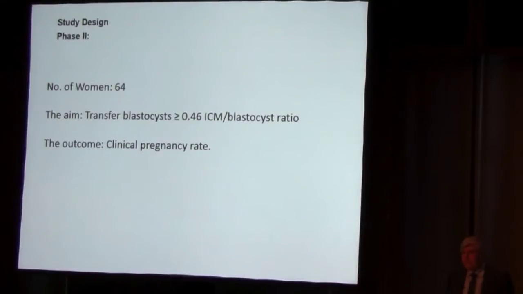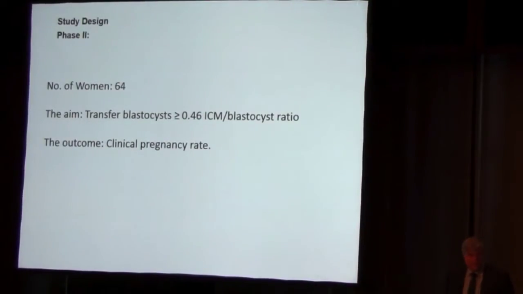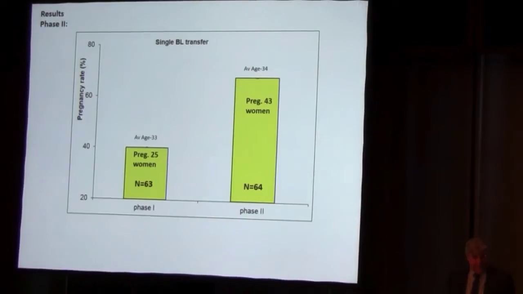So we went into stage 2. This was a retrospective analysis. Now we looked into a prospective analysis, with 64 women, and the aim was to transfer one blastocyst with an inner cell mass to blastocyst ratio of more than 0.46, and we looked at the clinical pregnancy rate.